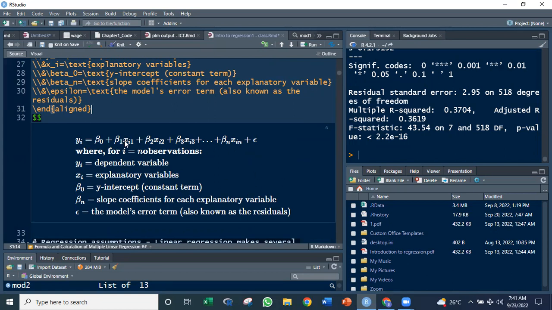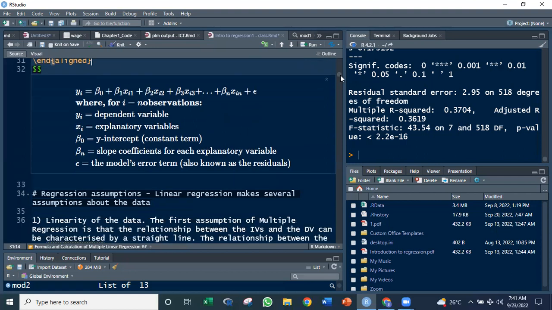The betas here are the slopes, which indicate the marginal contribution of a particular independent variable on the dependent variable. So they're the slope coefficients for each explanatory variable, while beta null is your constant term. And e here is the model's error term, also known as the residuals.